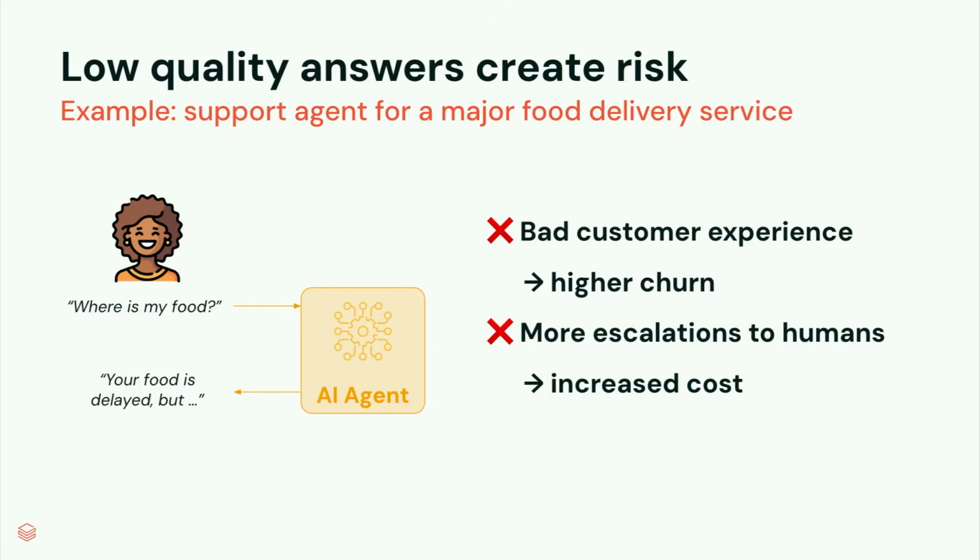One customer that we worked with is a major food delivery service. They have a GenAI agent that helps improve the efficiency of their support team and answers customer questions directly. If that bot gives wrong answers, it leads to a negative customer experience, which leads to churn. And also, if the bot gives wrong answers, it leads to an escalation to the actual human agent, which drives more cost. So quality means business value.